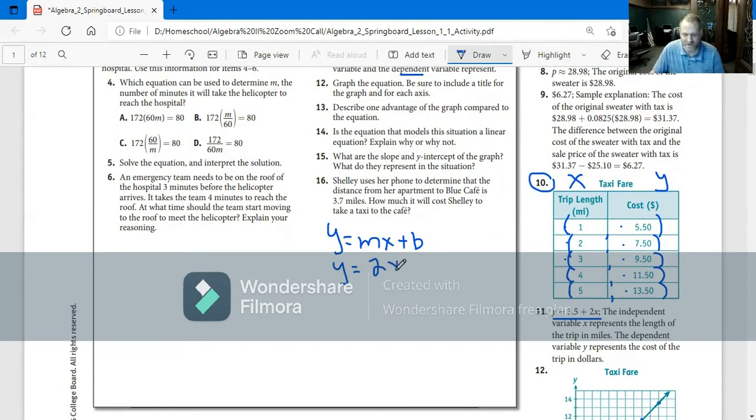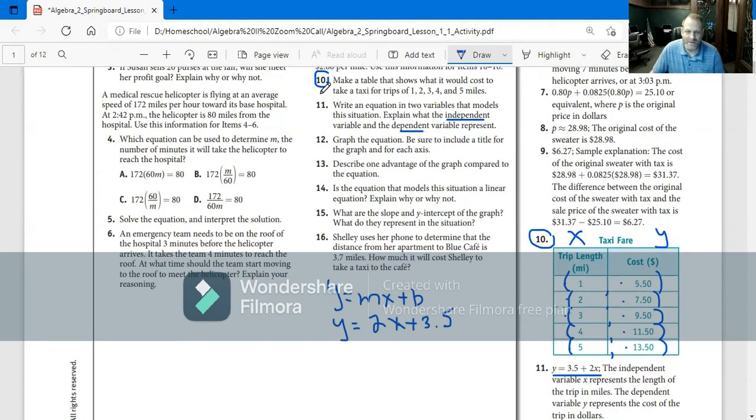So y = 2x + 3.5. There we go, guys. That is for number 11. X represents the length of the trip in miles. The dependent variable is Y. The independent variable is X.